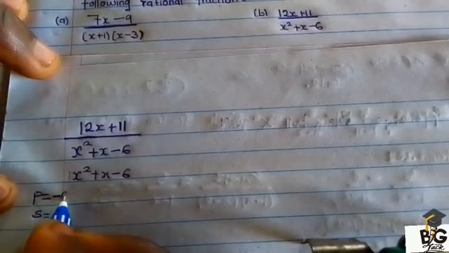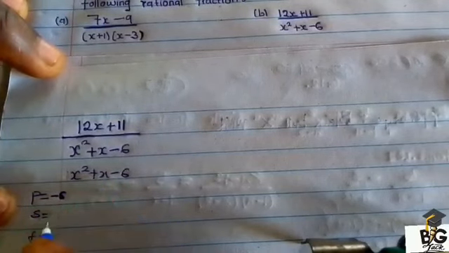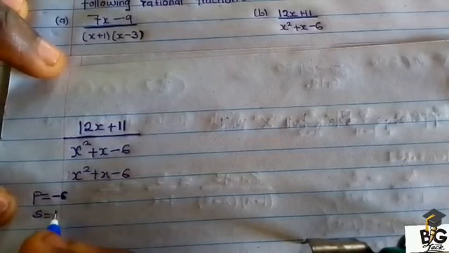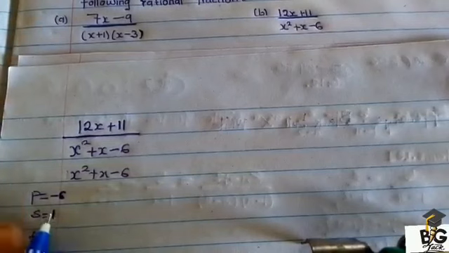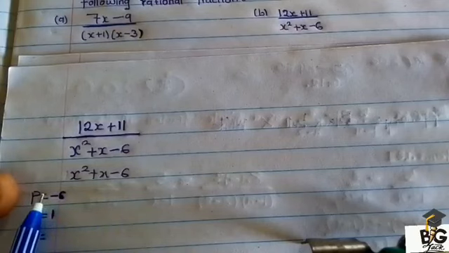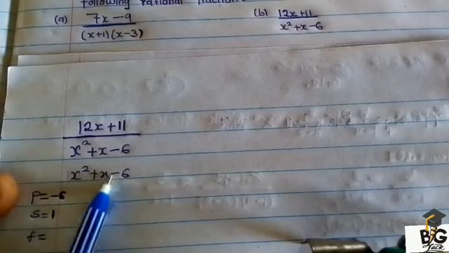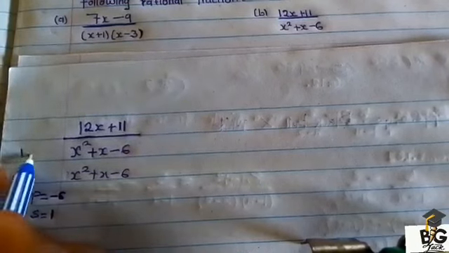Then the sum here is just 1. Now, on the factors, if you have challenges in finding them, just find the numbers that can go into negative 6 without leaving a remainder. So we have 1, also 2, 3, and the last one is 6.